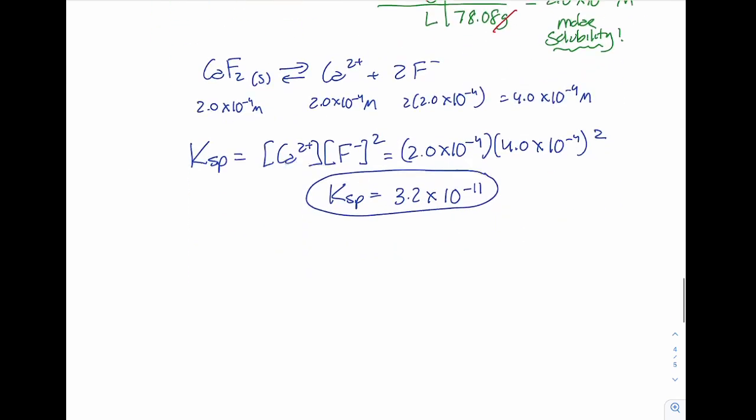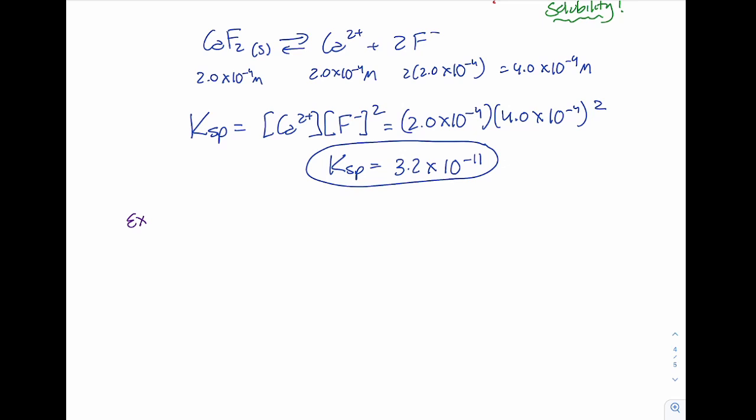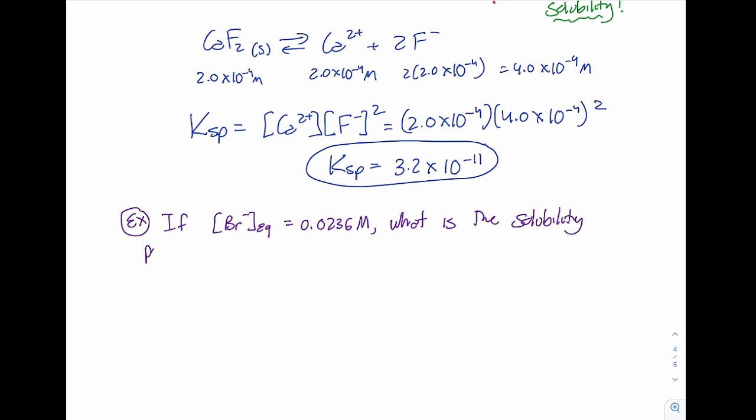I know I had said we were going to do one more example, but I lied to you. I want to do one more example. So this one, again, just another little twist on it. If my concentration of fluoride ions at equilibrium is 0.0236 molar, what is the solubility product constant of lead(II) bromide?